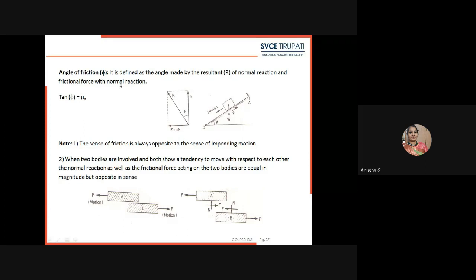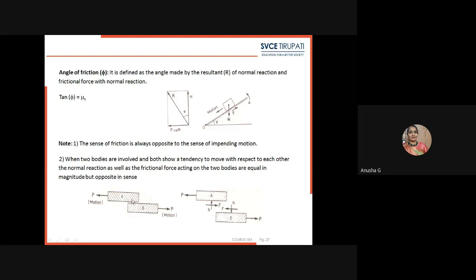This is one type of angle of friction. Now we will see the next one. Here we are considering two bodies which are both involved. They show a tendency to move with respect to each other, with normal reaction as well as frictional force acting on the two bodies, equal in magnitude and equal in direction.